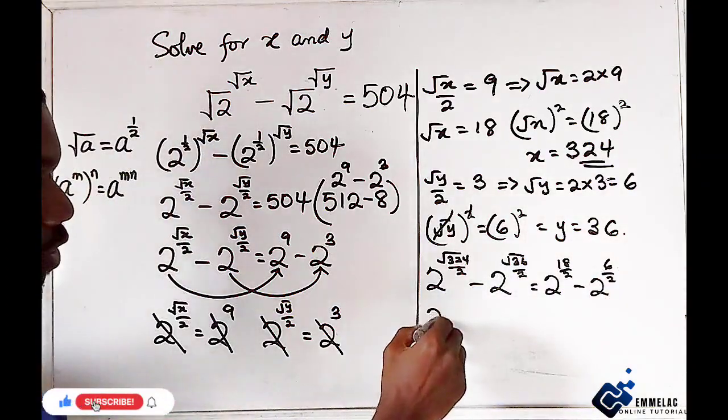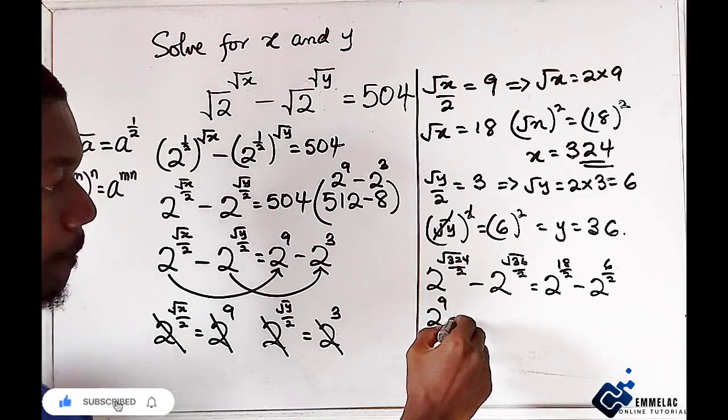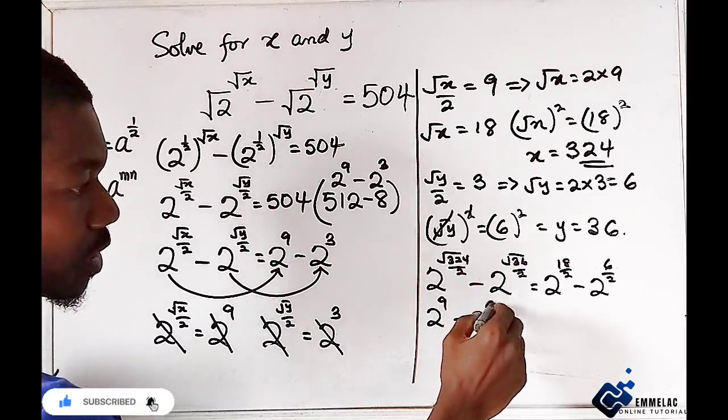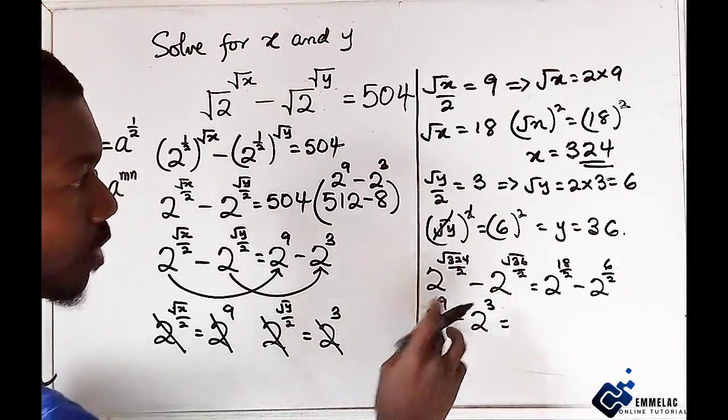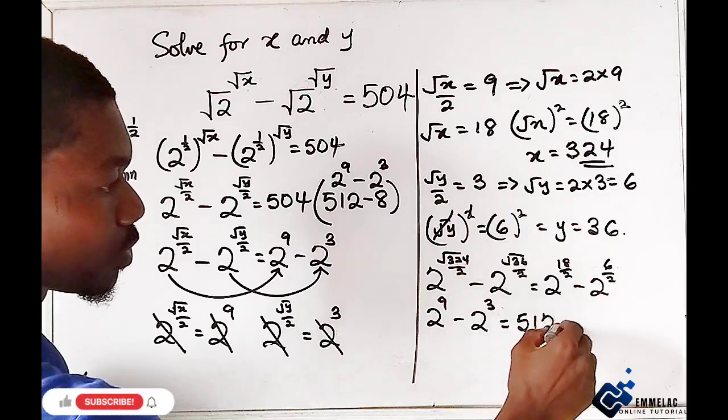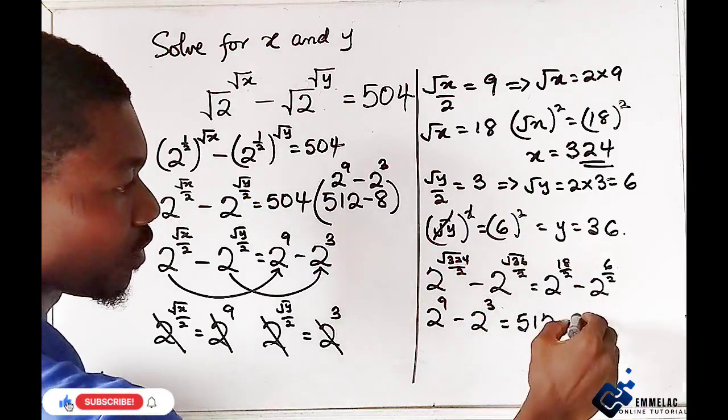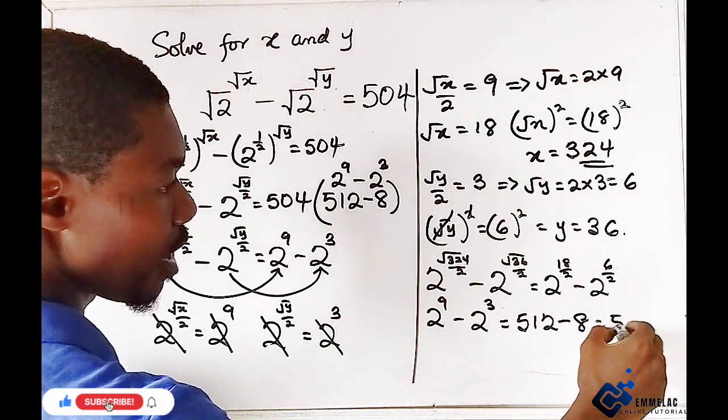So here you have 2 raised to the power of 9 minus 2 raised to the power of 3. And 2 raised to the power of 9 gives us 512, minus 2 raised to the power of 3, which gives us 8. And this should give us 504.